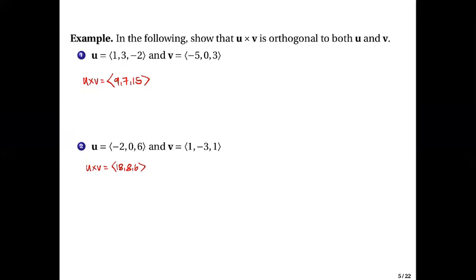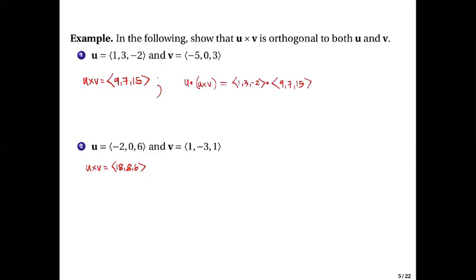So let's start with that. We want to dot U with U cross V. So our U is 1, 3, negative 2. Dot it with the U cross V, 9, 7, 15.